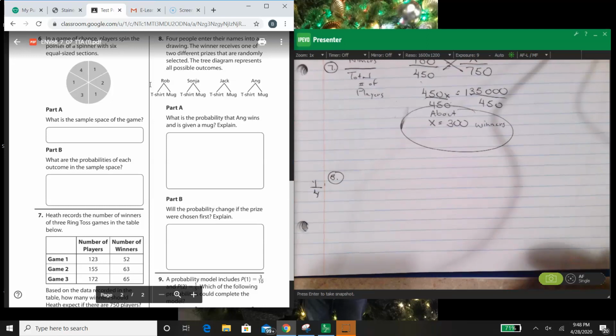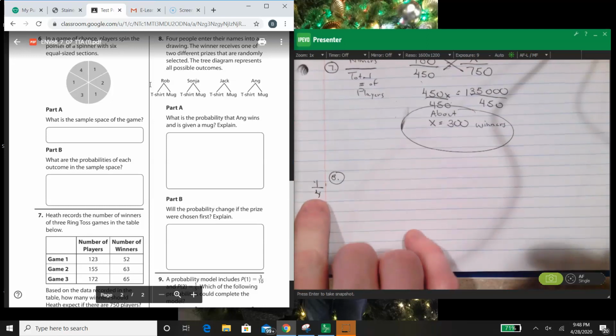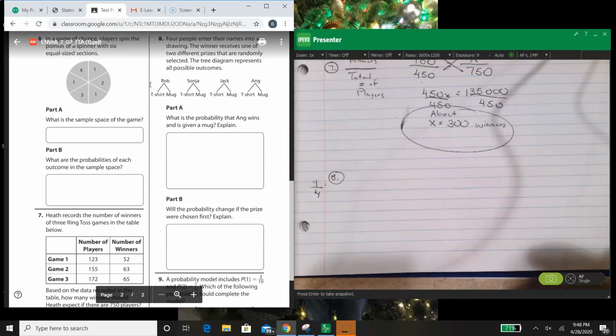Your probability would be 1/4 or 25%. So notice, guys, I took this first line in my tree diagram, that was my denominator, 1, 2, 3, 4. Angie was one of them, so that was where my numerator came out to be just 1.